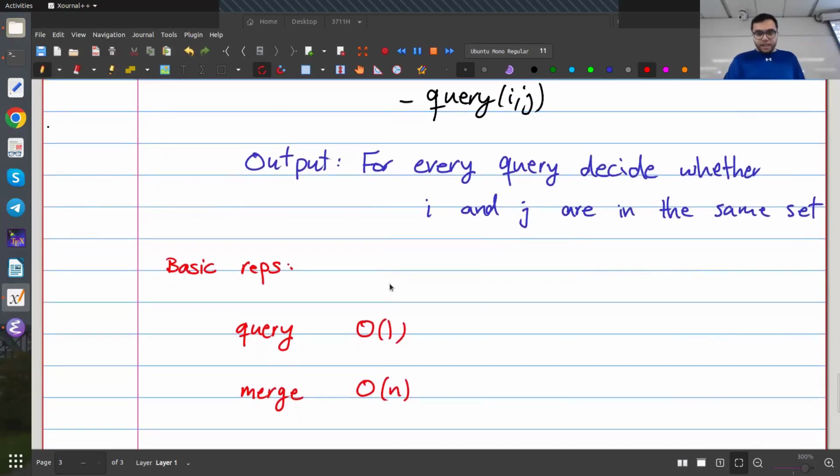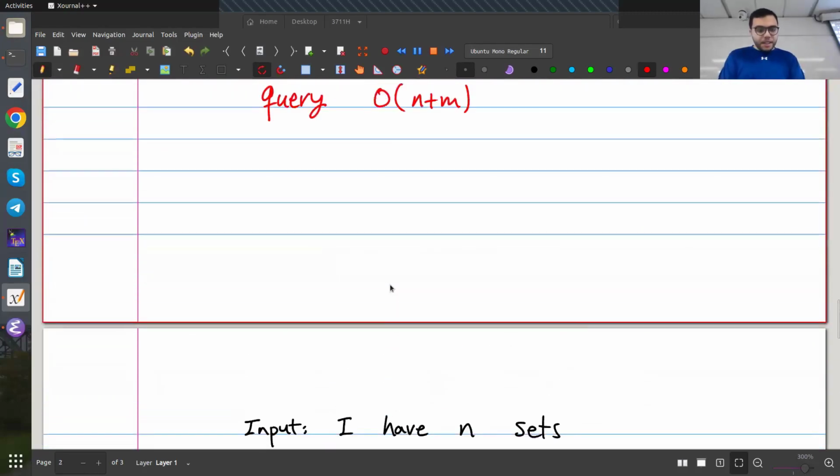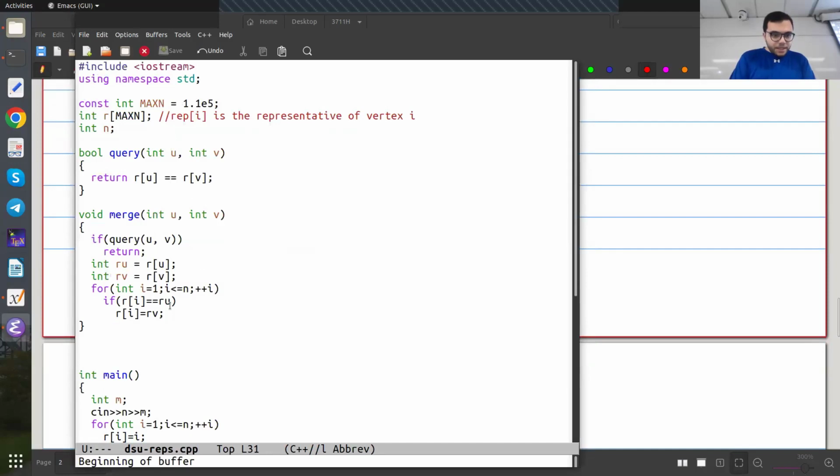So here's one idea. Let's just optimize this part a little bit. I'm looking at two different sets here, the set represented by RU and the set represented by RV. And when I want to merge them, I'm going over all of my items.